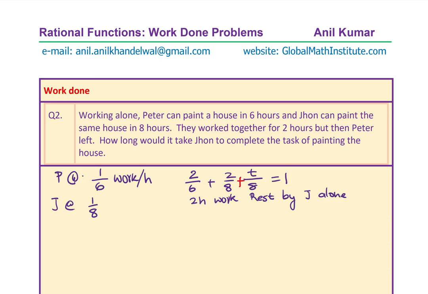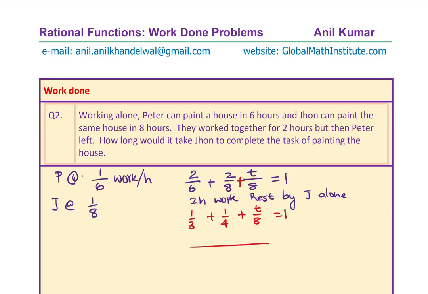Perfect. Now, we can simplify this. Common denominator being 24, correct? You could actually simplify these terms and rewrite. That will be even better. So you can go one more step if you want to simplify. Then you can say that this is 1 over 3 plus 1 over 4 plus T over 8 equals 1. You could do it like this also, but you get a similar thing.